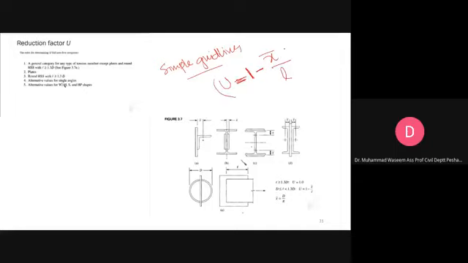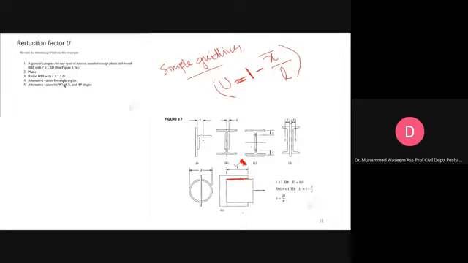So what is 1? 1 is a constant. L is this one. If the load is applied in this direction and only this part is connected, the part which is connected will be L. What is X bar? X bar is the distance from the centroid of the member to where it is connected.